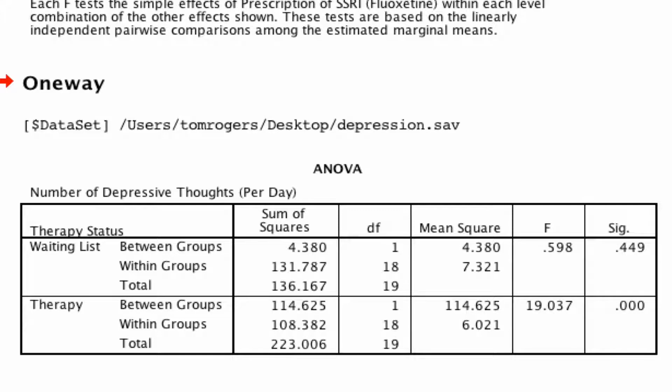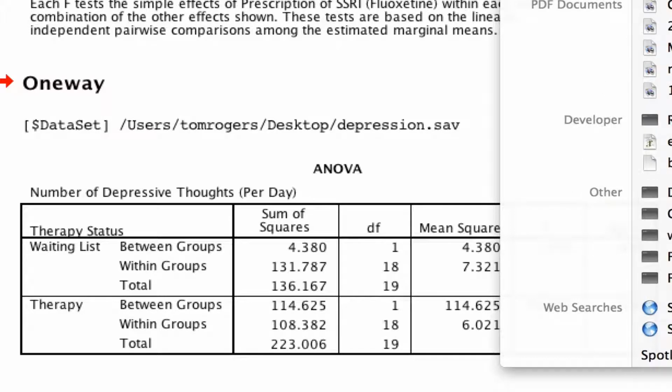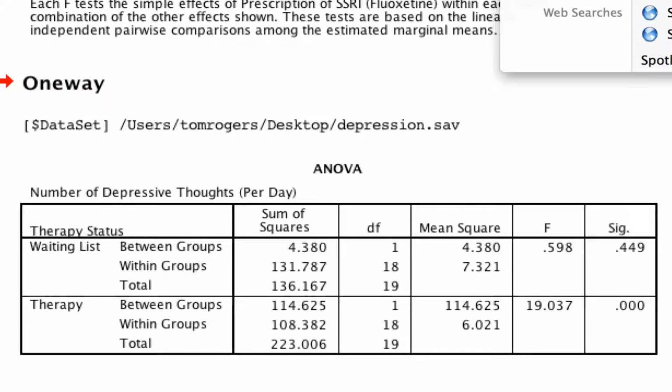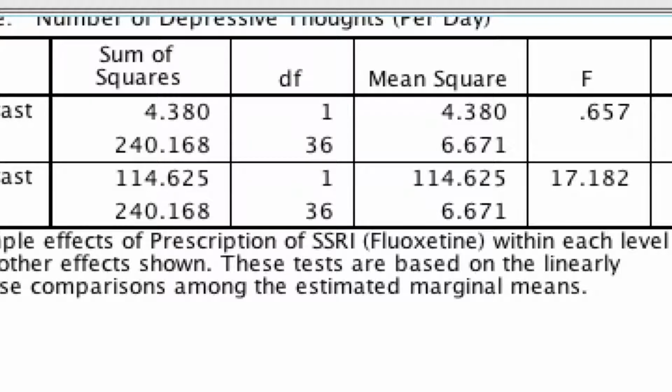We want to divide 114.625 by, instead of dividing it by 6.021 like it is in this one-way ANOVA, the pooled error rate.